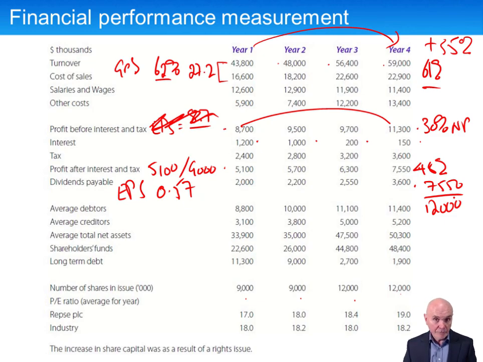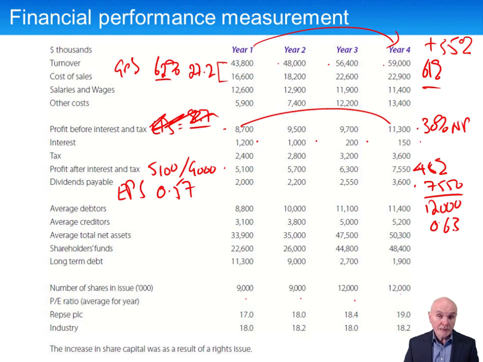Any fool can make profits grow if you simply get more capital coming in. So 7,550 divided by 12,000 is going to be about 63. That's very good. Earnings per share increased from 57 to 63. That really is, or should be, increasing the wealth of the shareholders.